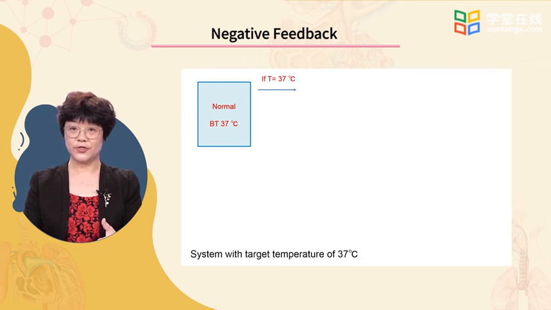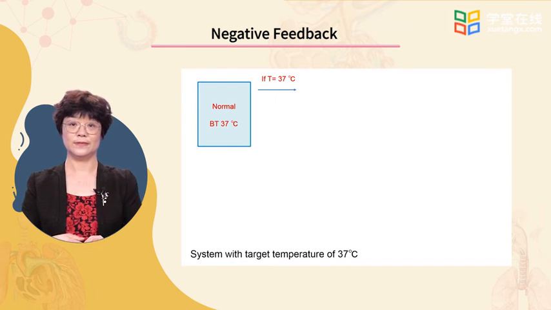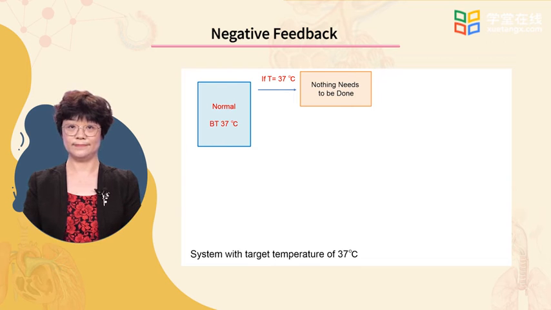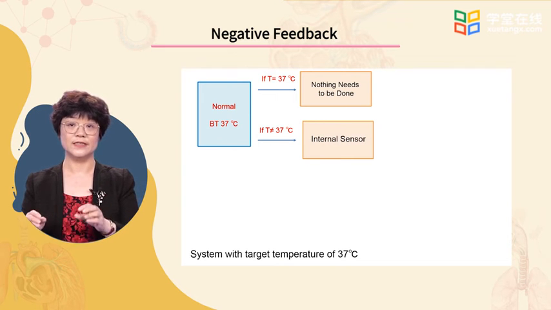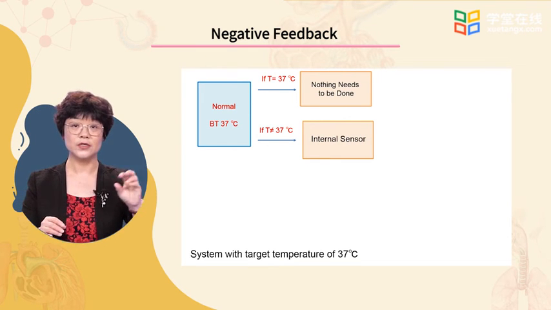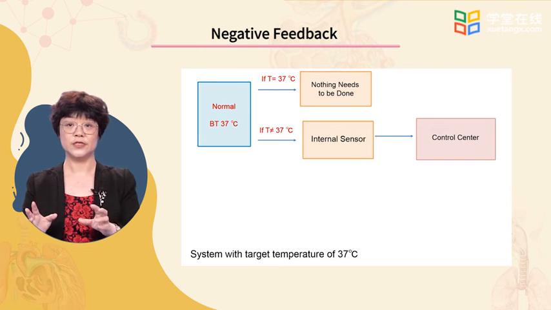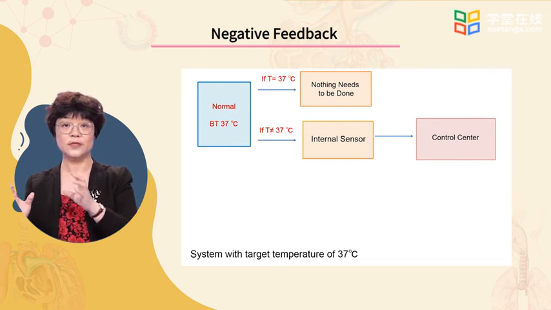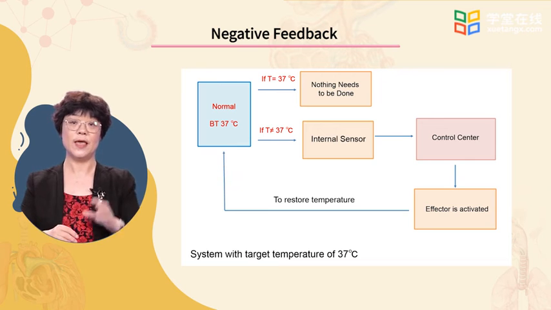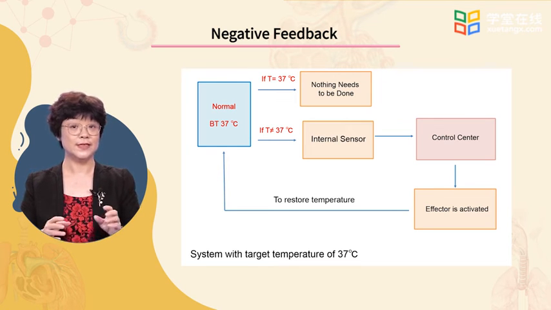If the body temperature is 37 degrees, nothing needs to be done. And if the body temperature is higher or lower than 37, the internal receptor senses the signal and reports it to the control center. The control system then starts to run to bring the body temperature back to 37 degrees centigrade.